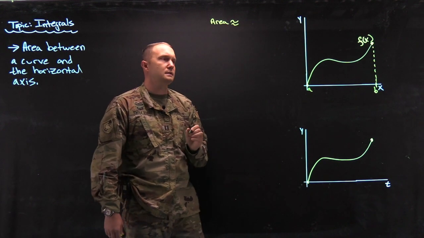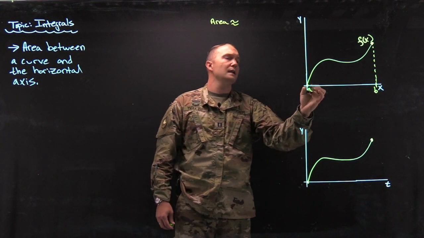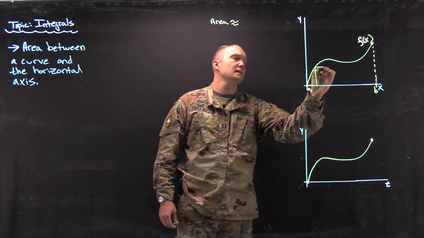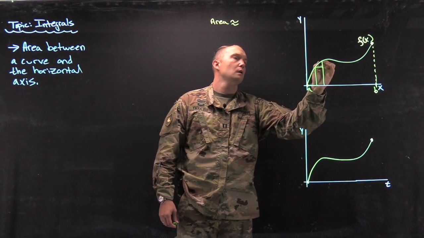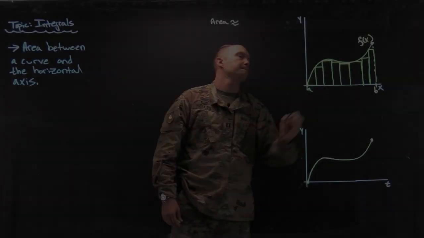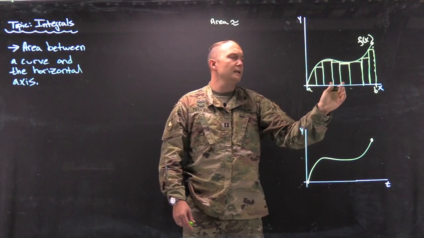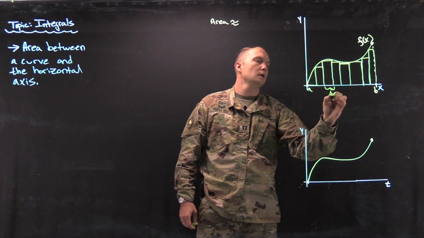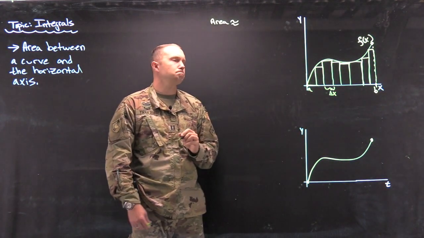So we want to conduct an estimation, and a way we can estimate is by drawing a bunch of rectangles underneath this curve. Okay, so we have a bunch of rectangles, and let's say that the width of each rectangle is delta x.